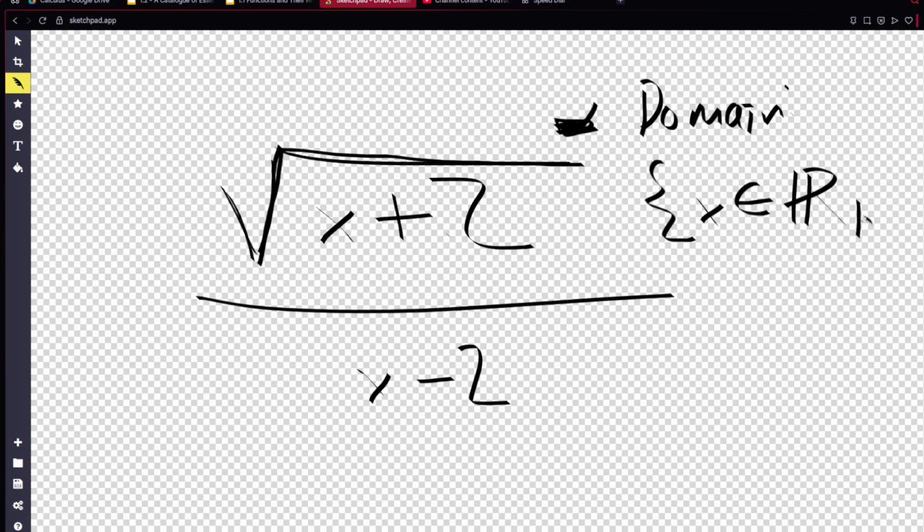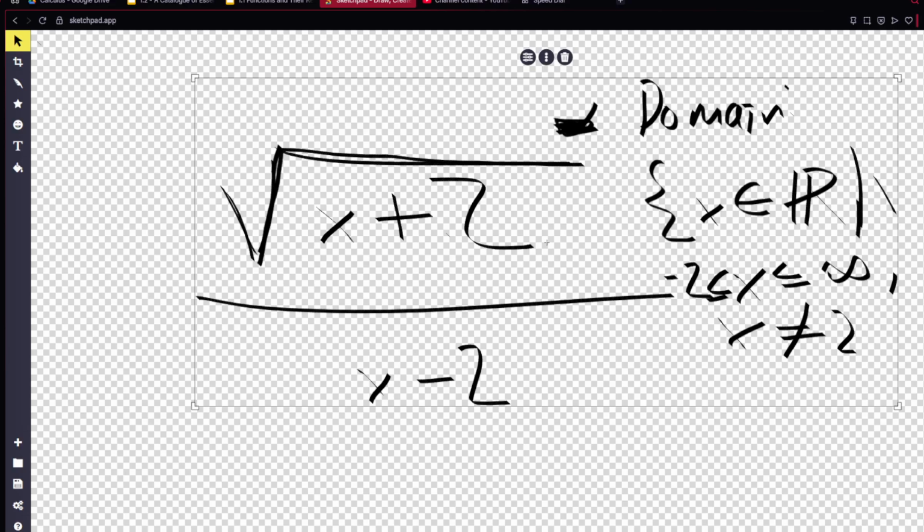You always put this, and then you just put the argument right after. So x has to be between negative 2, I guess it can be negative 2, and infinity. Wait, we have this one. x also cannot be equal to 2, because if it is, it makes it 0, and it's an indeterminate form. So anything that makes it indeterminate or impossible is excluded from the domain.